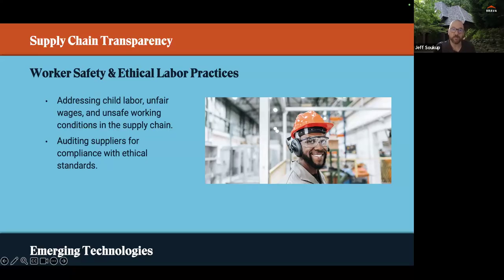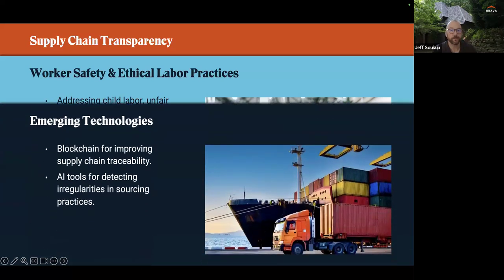Those are good policies that protect a company long term. Yes, they're expensive, but protecting your company long term and your reputation from getting surprised, finding out that a warehouse you're using somewhere is employing child labor. It's very avoidable if you do have those policies in place.